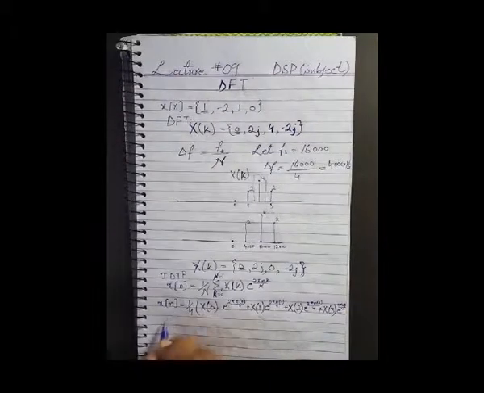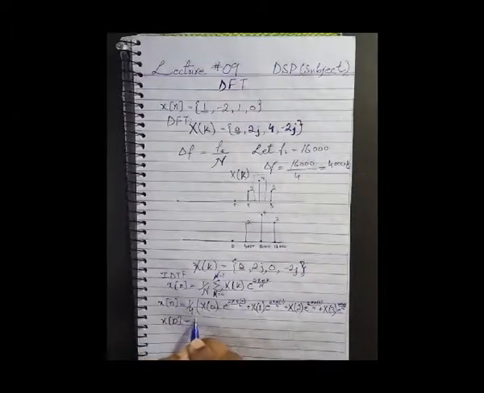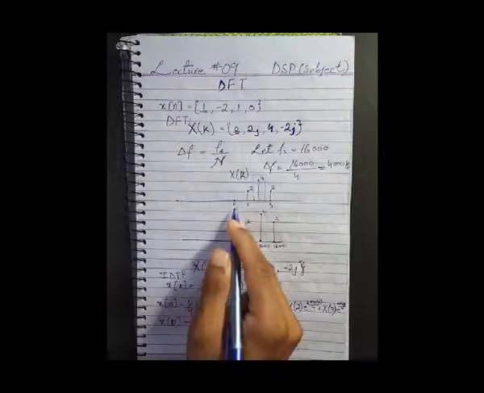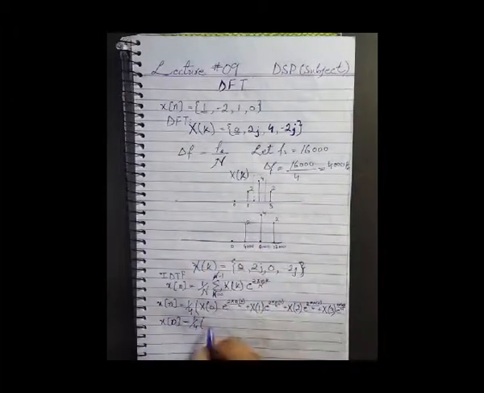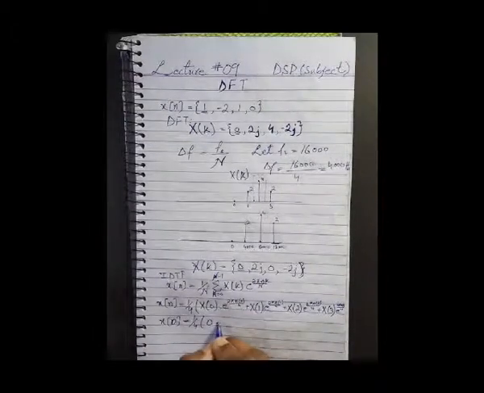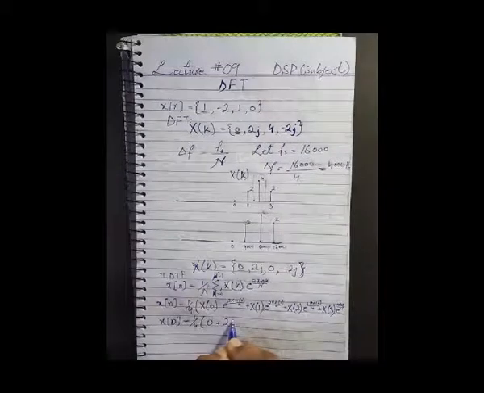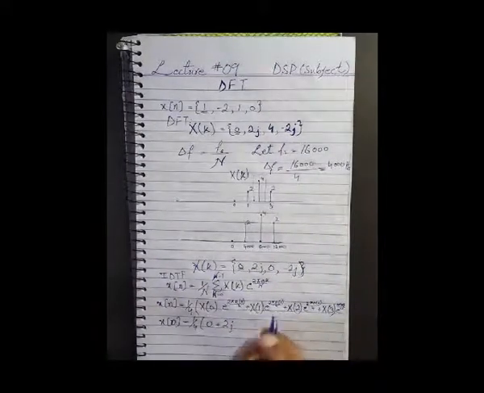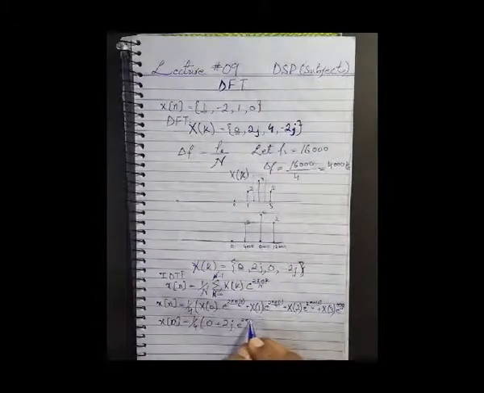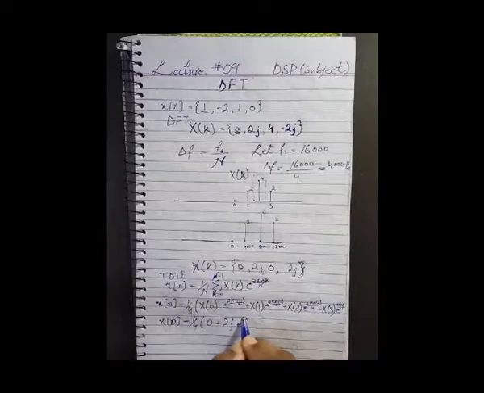Now we'll find x of 0 when n is equal to 0. We have 1 by 4. X of 0 we have 0 here, and this term becomes 0, plus x of 1, I have 2j, and this term e power 2 pi, and we have 0, so this term becomes 1.